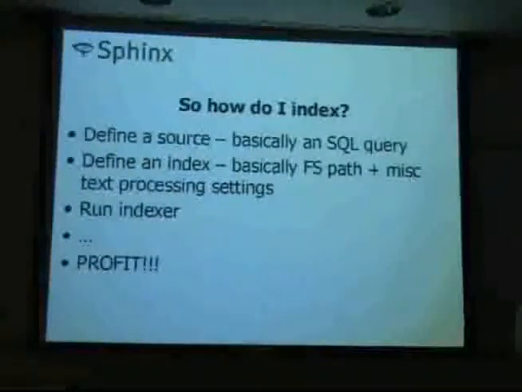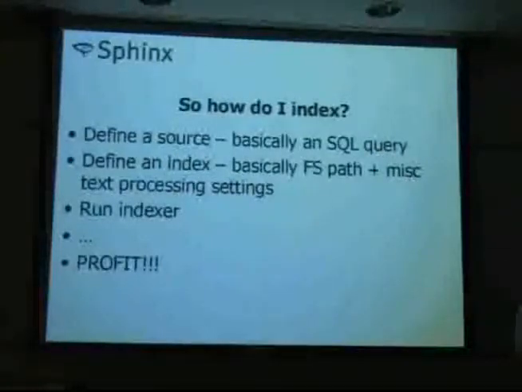You create a simple textual configuration file. You define a data source. It's basically an SQL query with some bells and whistles, but in fact it can also be something in XML format coming through a pipe to the indexing program.